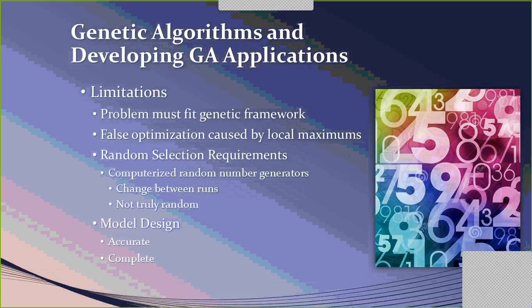There are several limitations on genetic algorithms and some limitations on our technology or the tools that we use to create these models. With the genetic algorithms themselves, the problem must fit within a genetic framework. So you must have input variables that are connected to an output variable such that you can adjust those input variables and receive a change in the output variable that you're looking for.